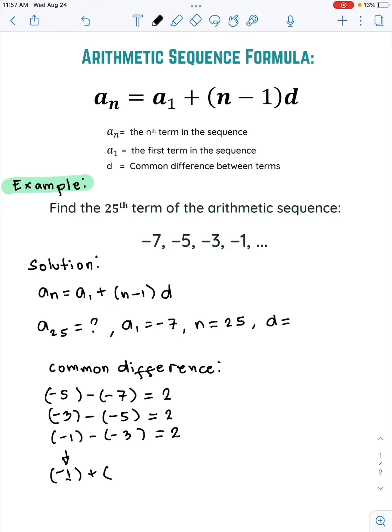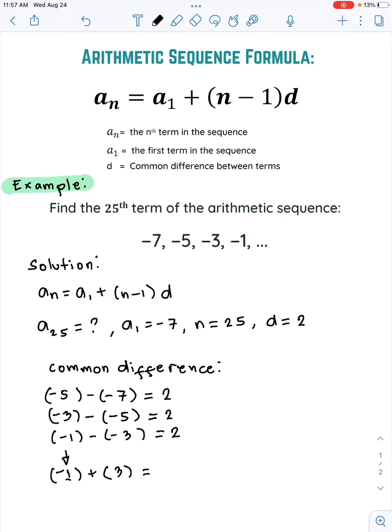And then, opposite sign of -3, that would be magiging +3. And then, we proceed na to addition. Mas easier na sa atin ang mag-add ng -1 plus 3. -1 plus 3, that's equal to 2. Ibig sabihin, the common difference of our arithmetic sequence is equal to 2.